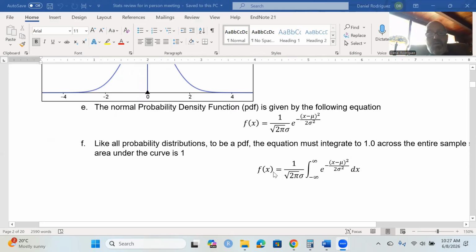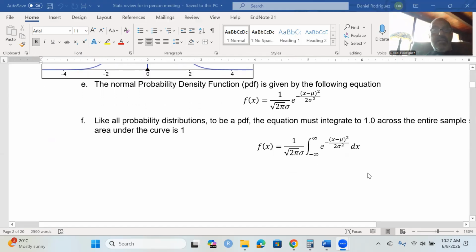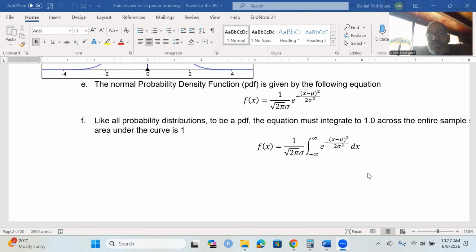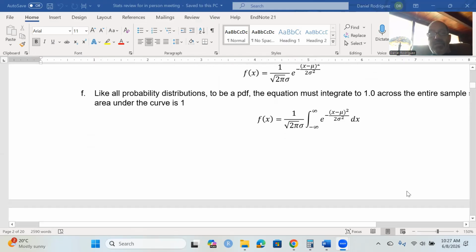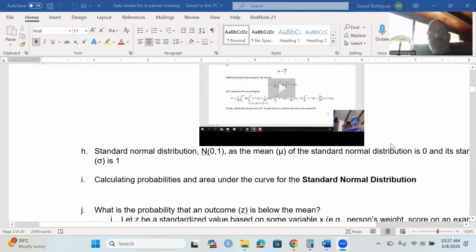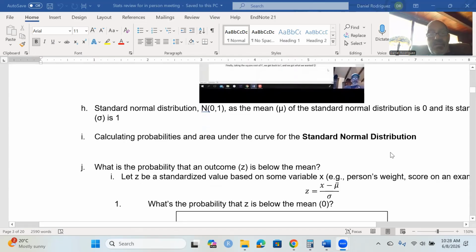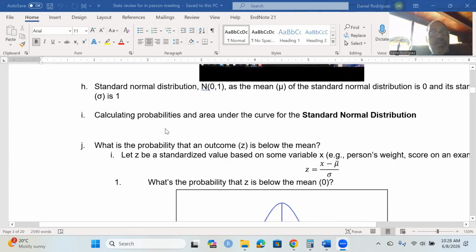If we integrate over that entire function from negative infinity to infinity, this would equal 1, because it's a probability; the sum or integral of all possible values in a sample space must equal 1. If you're interested in the proof, I have the proof here. You can click that. You have this already, of course. But this is available on my YouTube channel.